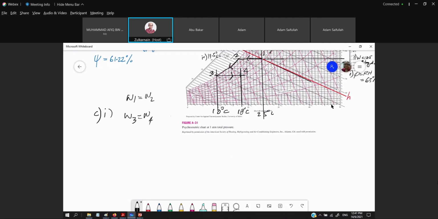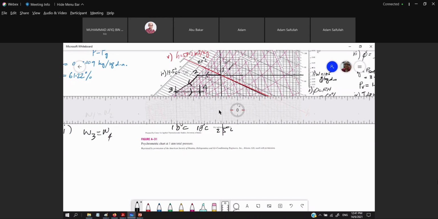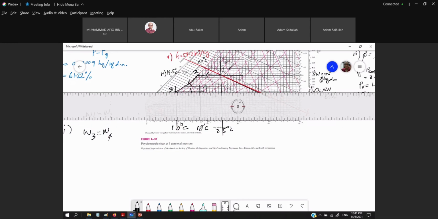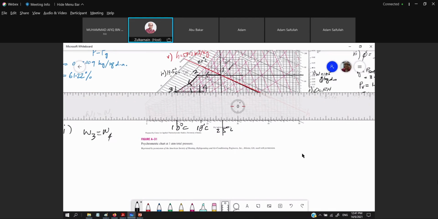So straightforward. We try to get the value from here. Kita buat, try to project the point 4 and point 3, point 4 to point 3 sampai kepada omega.